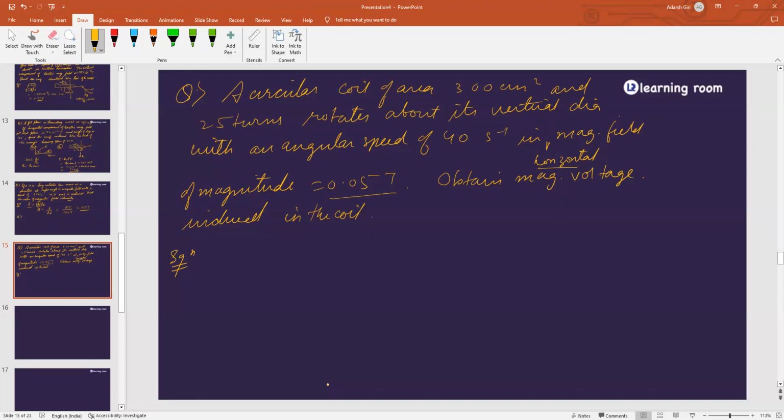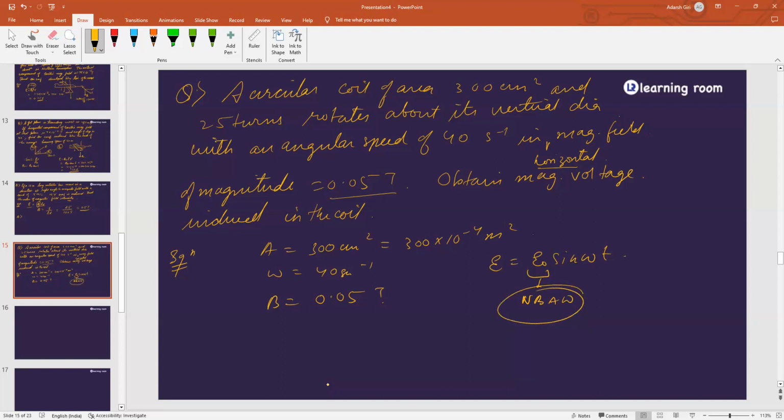Okay, see here. This one is also easy. Area is 300 centimeter square, that is 300 into 10 to the power minus 4 meter square. Omega is 40 second inverse. Magnetic field is 0.05 Tesla. EMF is E naught sine omega t, where E naught is NBA omega.